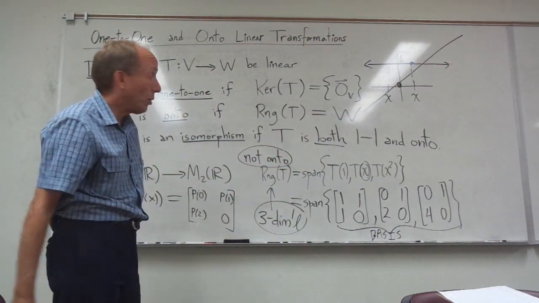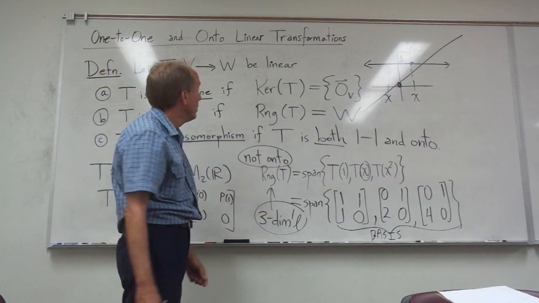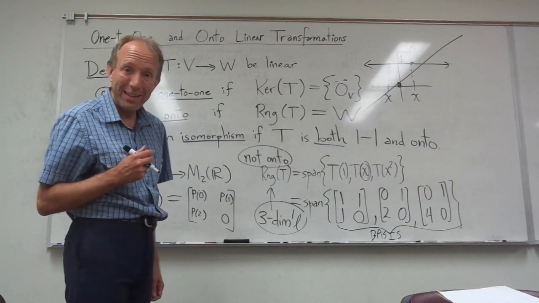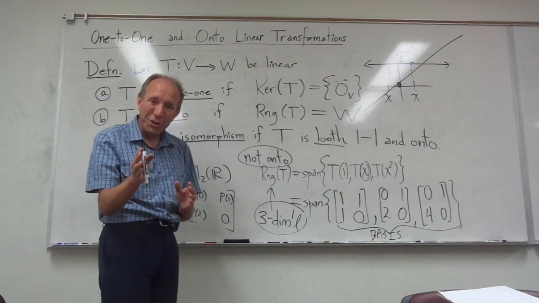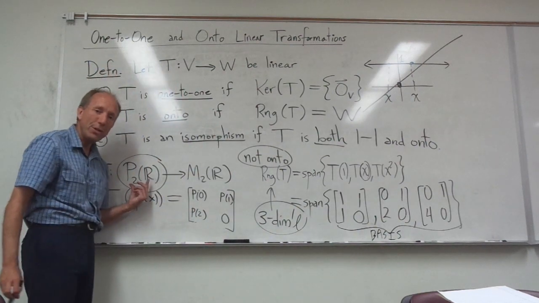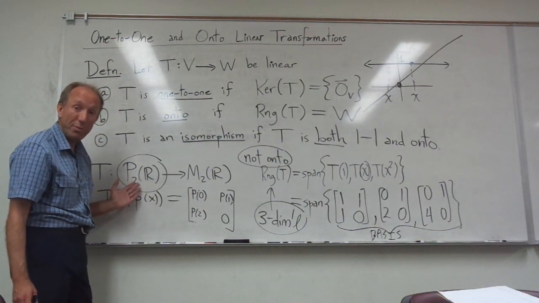What about 1-to-1? Well, if the range is 3-dimensional, can we figure out what dimension the kernel is? Remember, the dimension of the kernel plus the dimension of the range has to add up to the dimension of V. In this case, V is 3-dimensional.